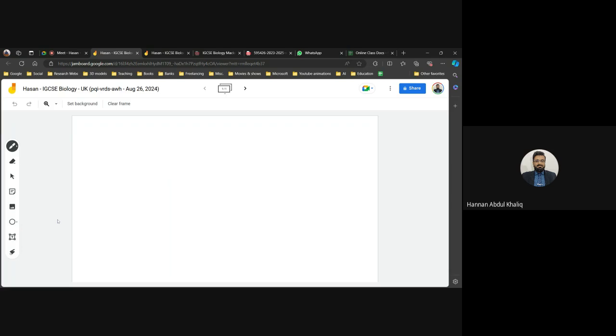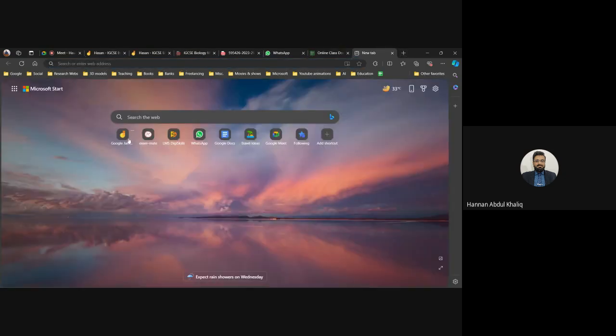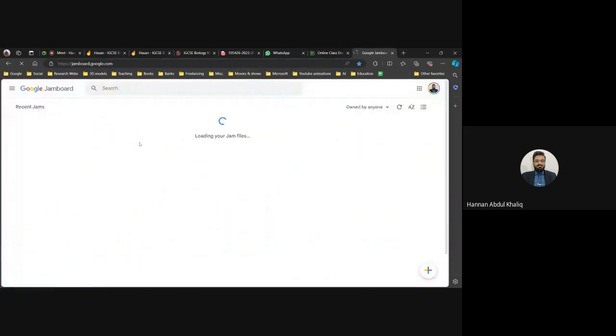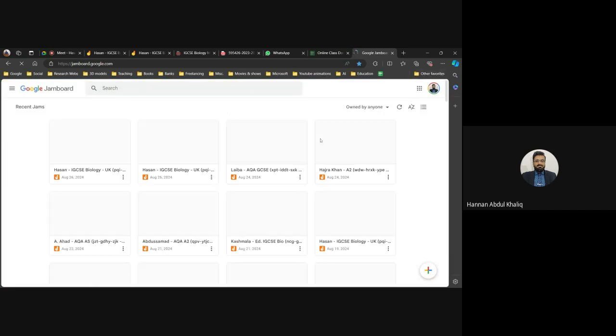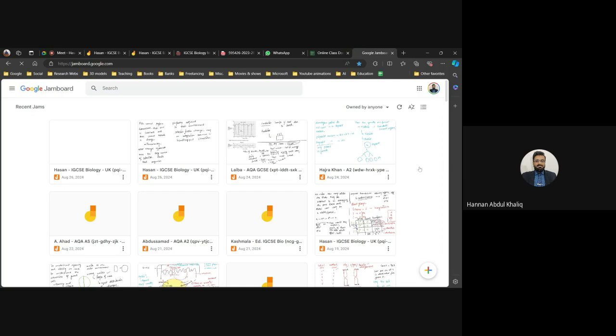If they completely destroy the application, it would be very wrong because I also have many notes present on the Jamboard. So if you can do it one by one, you may download them. You have the option to download them before October, if you are going to need these, and I guess you are going to need these in October.